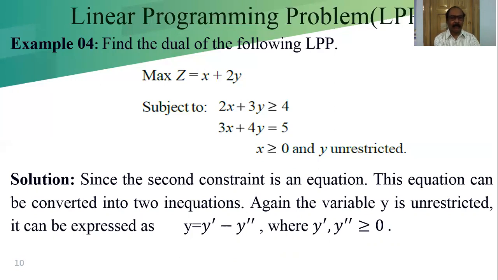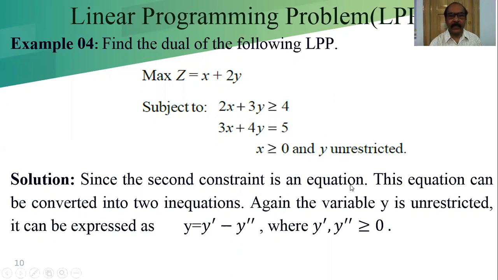Here the variable x is greater than equal to 0 and y is unrestricted in sign. For this y we have to consider the difference of y dash and y double dash, where y dash and y double dash are greater than equal to 0. Now move to the solution.